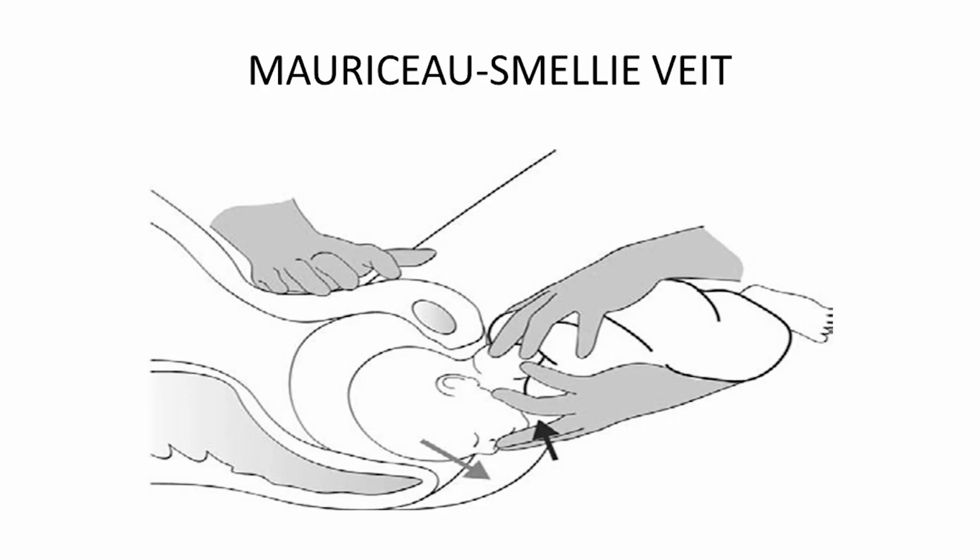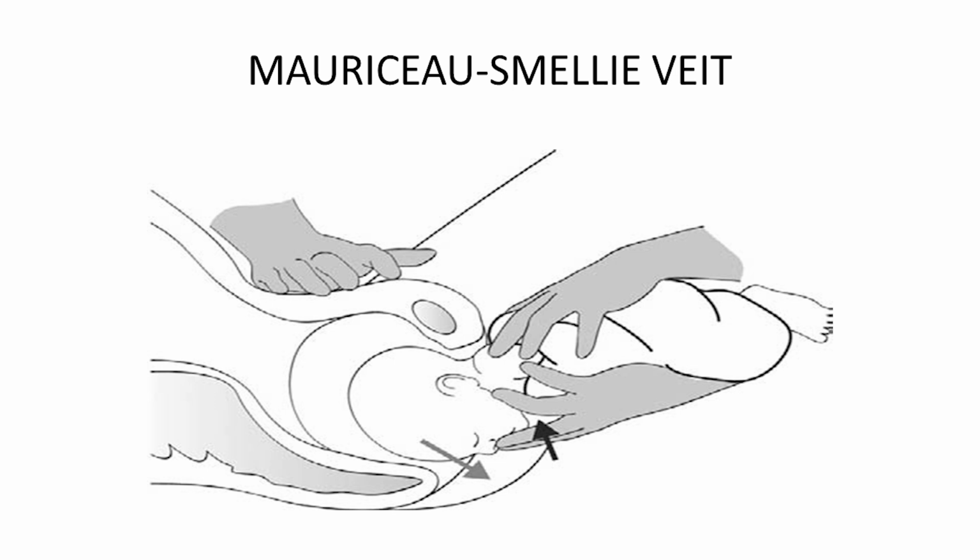Another method that can be used in delivering the head is the Mauriceau-Smellie-Veit maneuver. In the Mauriceau-Smellie-Veit maneuver, the fetus is made to lie along the forearm of the accoucheur, with the index finger and the middle finger placed on the malar eminences of the fetus, and then the other hand overrides the neck of the fetus.